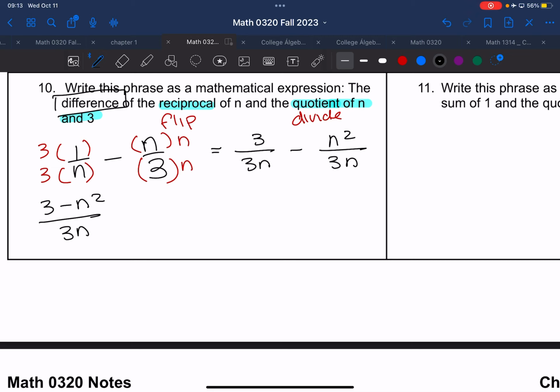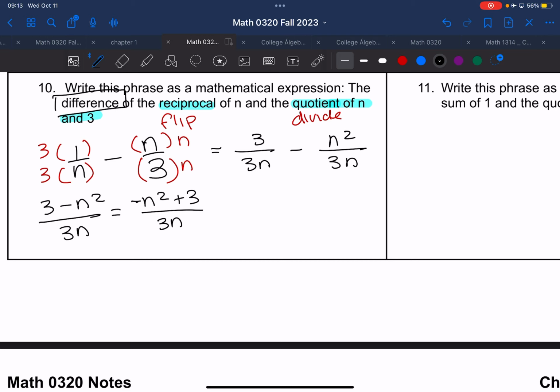Remember, when we have something that's squared, we have to have that square component come first. So technically, I could write this by swapping those terms. I have negative n squared plus 3 over 3n.